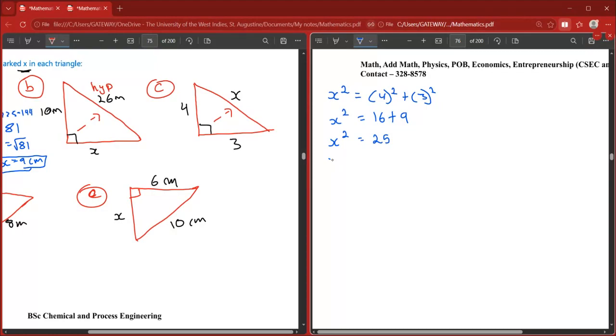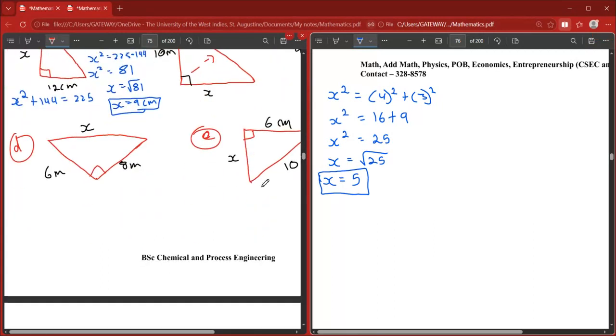So x would be the square root of 25, which is 5. So x is 5. Well, I didn't give units for this one, so I'll just put x as 5. Good with this, right?